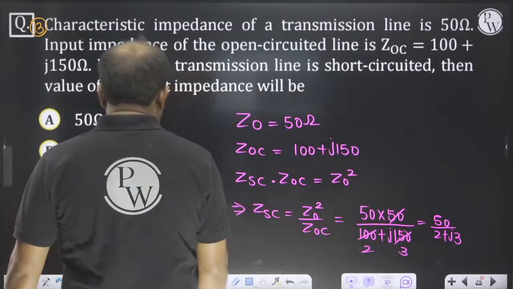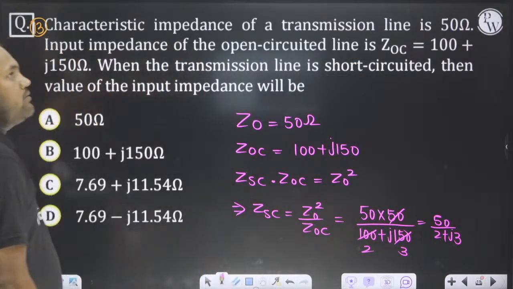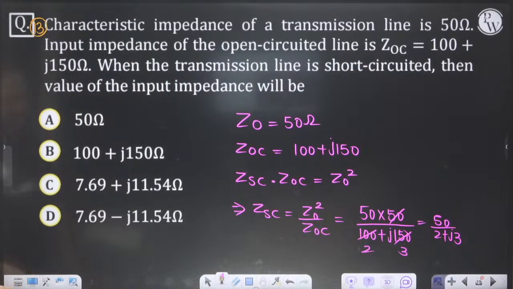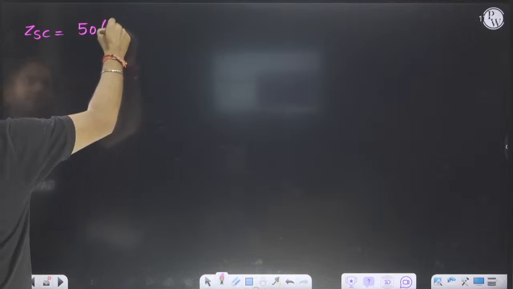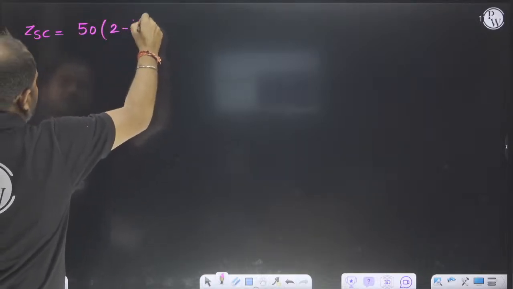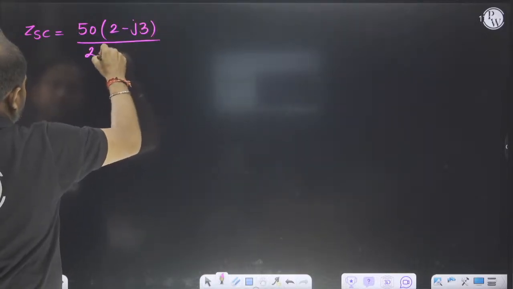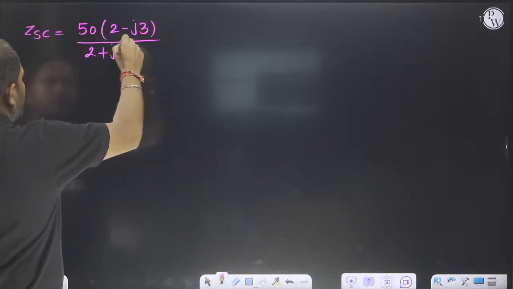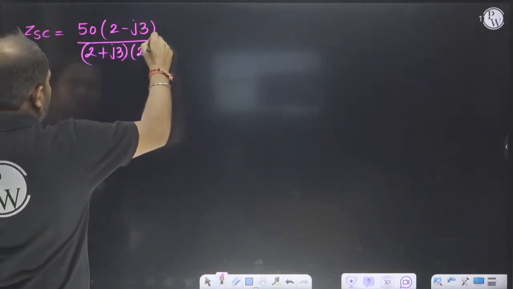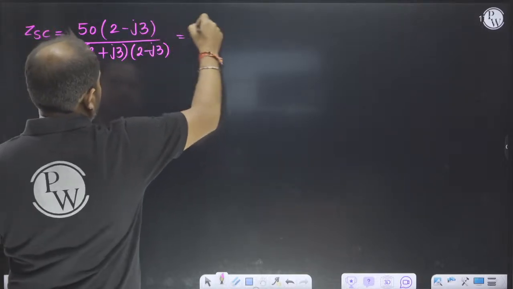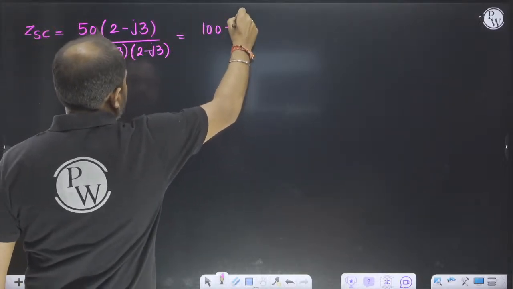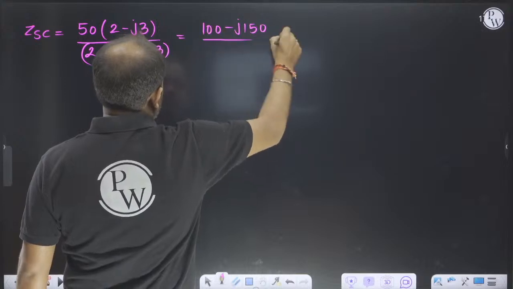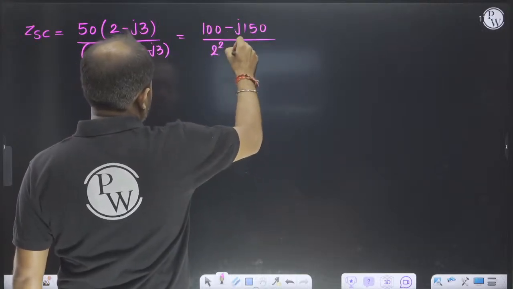And we can solve this by multiplying by the conjugate. So ZSC will be equal to 50 into 2 minus J3 divided by 2 plus J3 into 2 minus J3. By rationalizing, 100 minus J150 divided by 2 square plus 3 square.